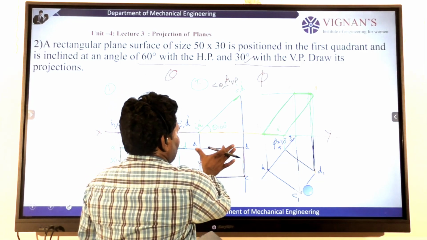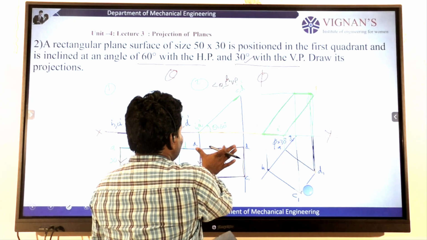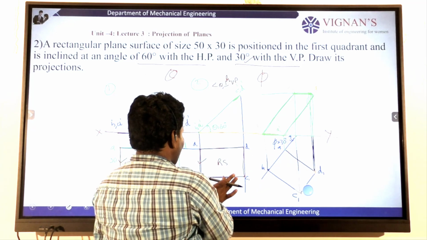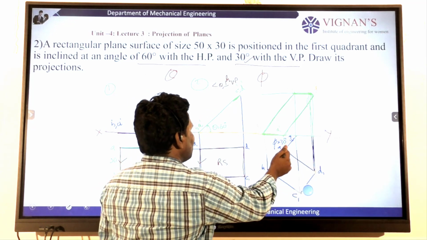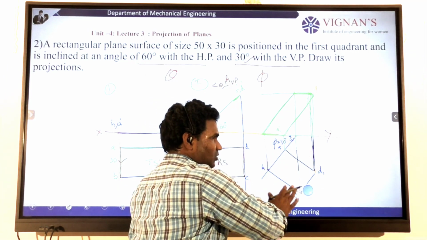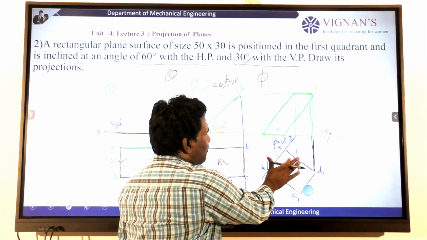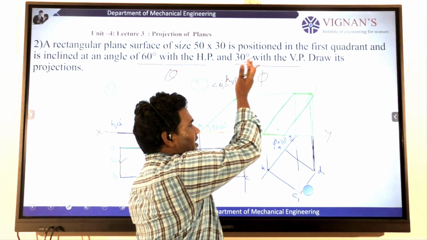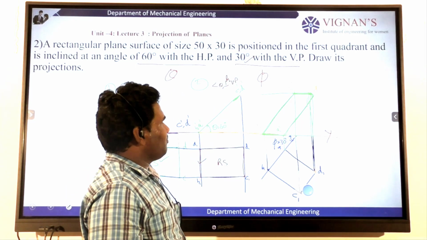So we transferred the distances A1D1 here and B1C1 here perpendicular to the A1B1 line, and we completed it. That means we transferred the second step top view to here, and we projected to get the final front view.